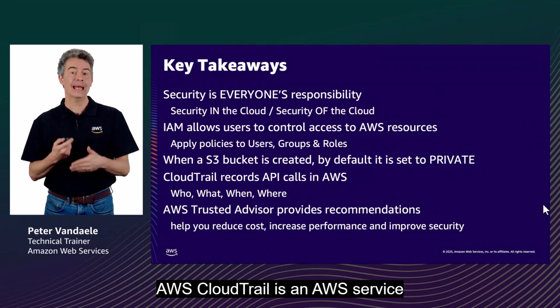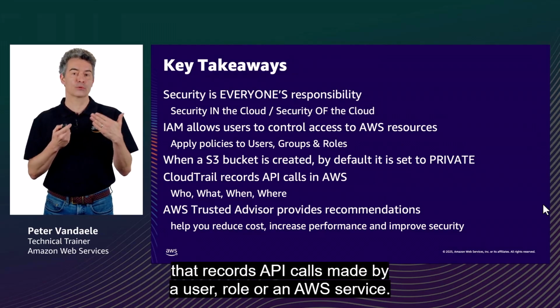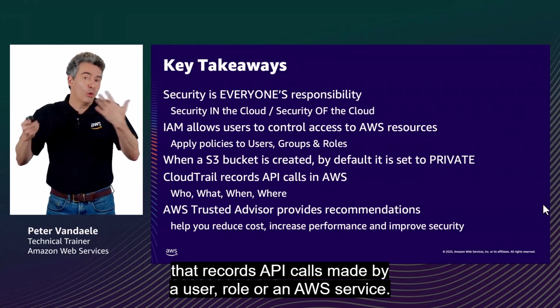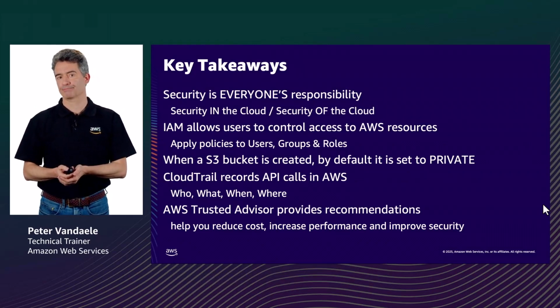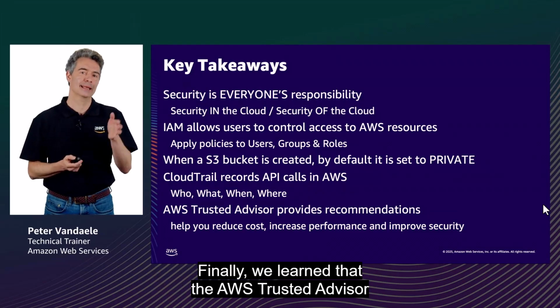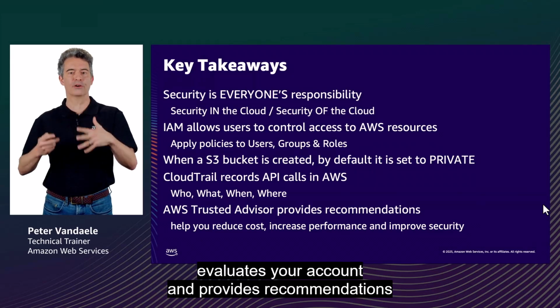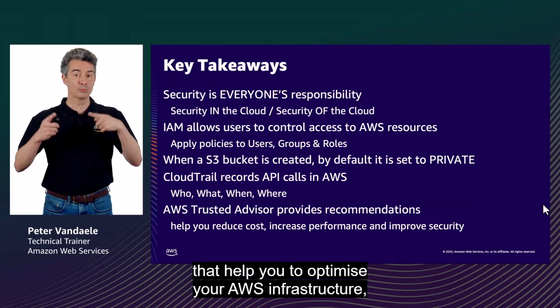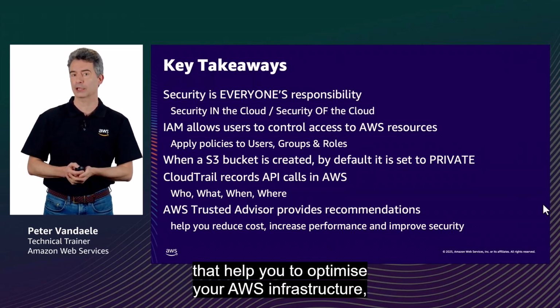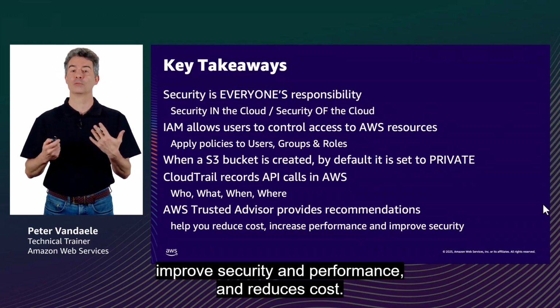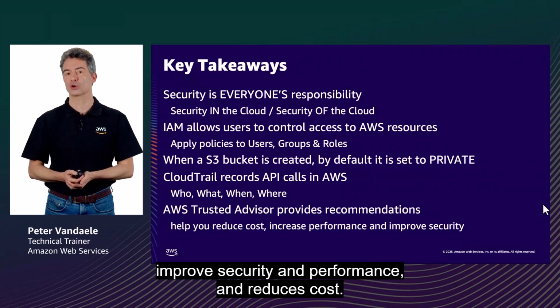AWS CloudTrail is an AWS service that records API calls made by a user, role, or an AWS service. Finally, we learned that the AWS Trusted Advisor evaluates your account and provides recommendations that help you to optimize your AWS infrastructure, improve security and performance, and reduces cost.